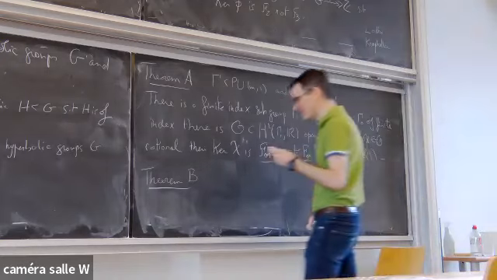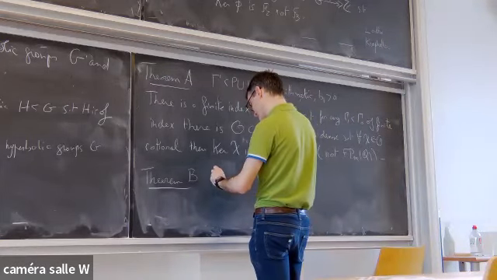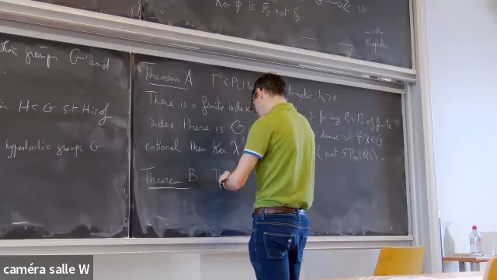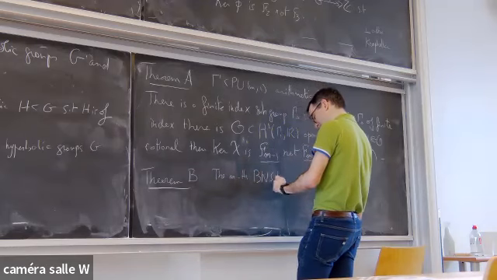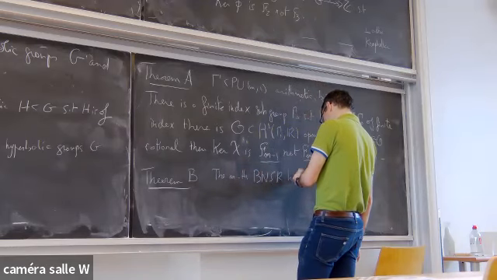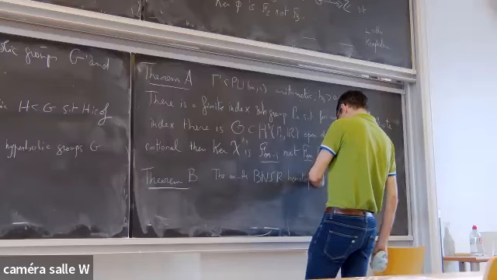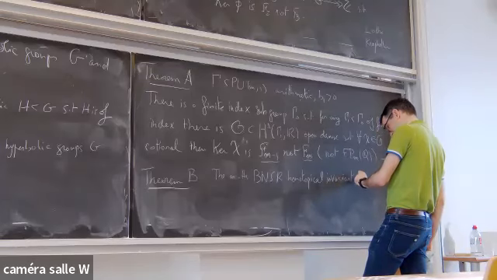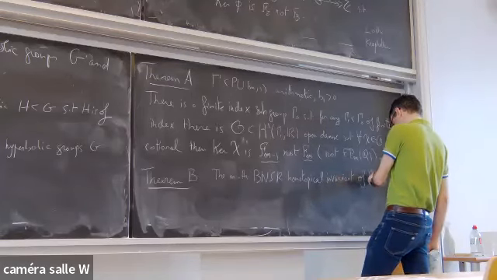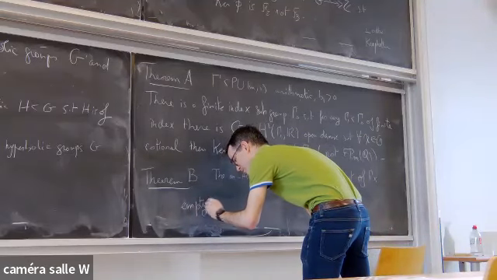I take the same Gamma, with the same hypothesis, and what we prove is that the nth homotopical invariant of Gamma is nonempty. I will not define this, but I'll just say a word about it.